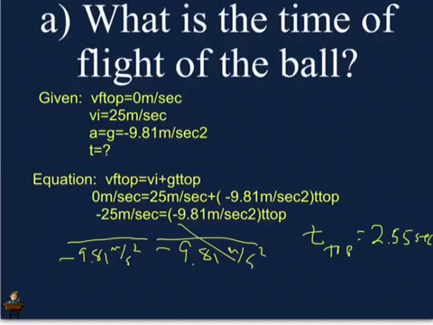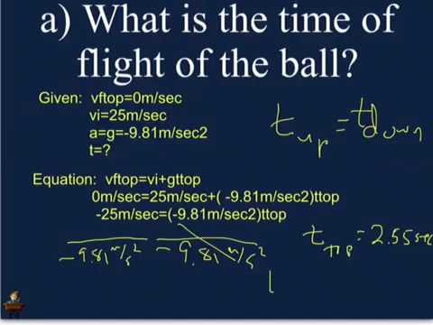So that's our final answer, right? Of course not. It did not ask us what is the time for the ball to get to the top of its flight. It asked us for what is the time of flight of the ball. We've just figured out how long it took it to get to the top. So to figure out how long it takes it to get all the way back to the bottom, we need to use the fact that time up equals time down, and from that we can find the total time simply by doubling the time to the top.